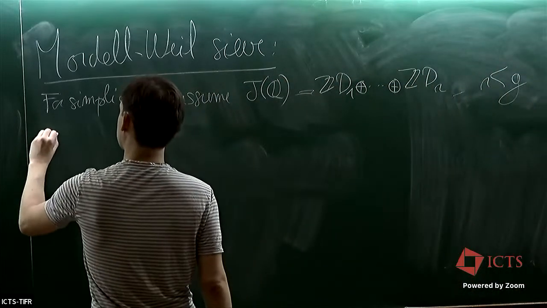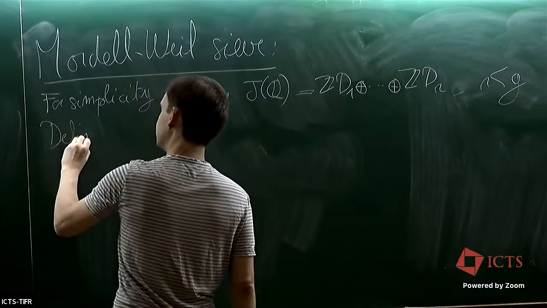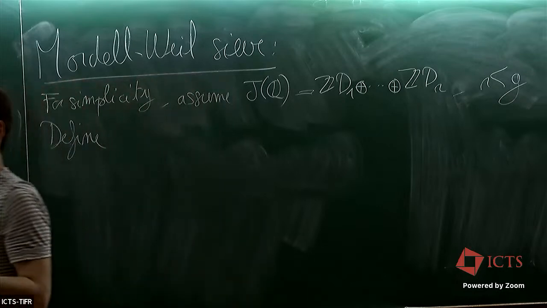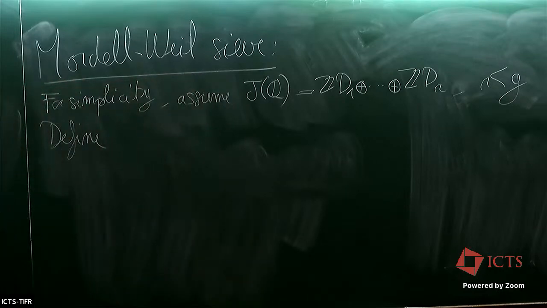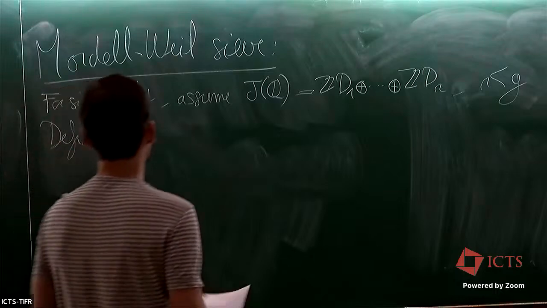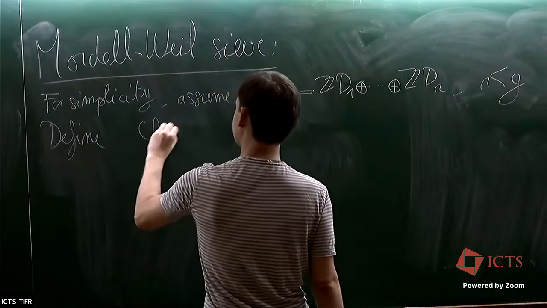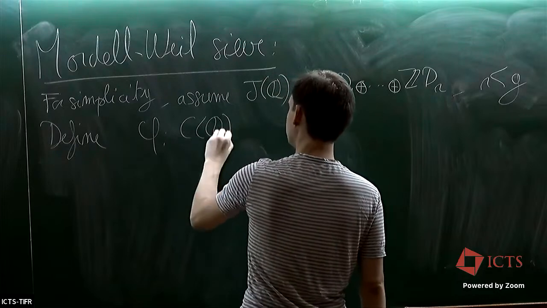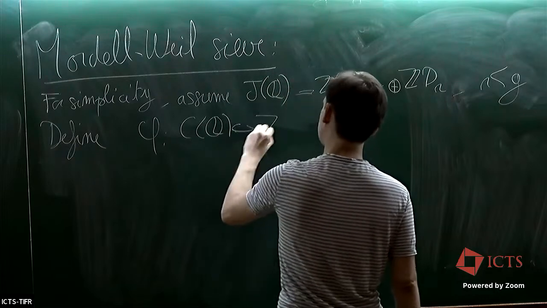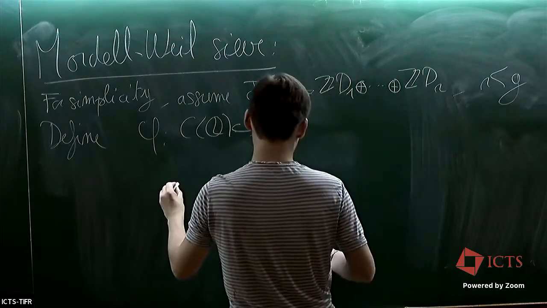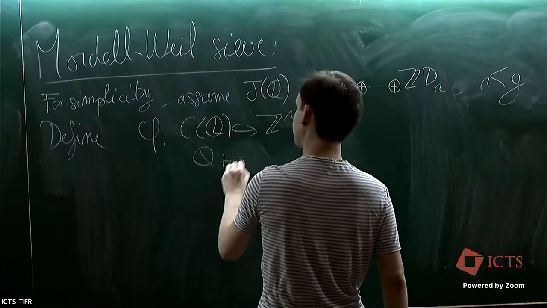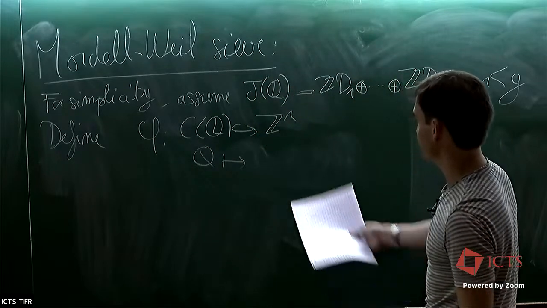And I define a function, which again is at least somewhat explicit, a function phi from C of Q to Z^r, it's injective, which to any rational point Q associates basically its coordinates here.